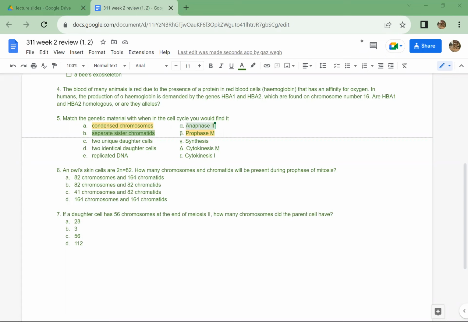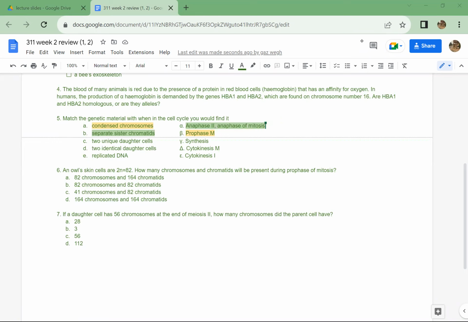We not only separate sister chromatids during mitosis, but we also separate them from each other, as we just drew, in anaphase of meiosis 2. There are so many tongue twisters. So anaphase 2, as well as anaphase of mitosis.